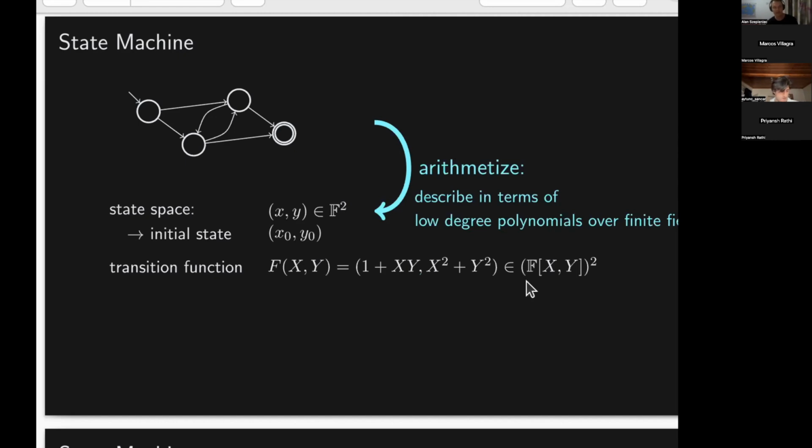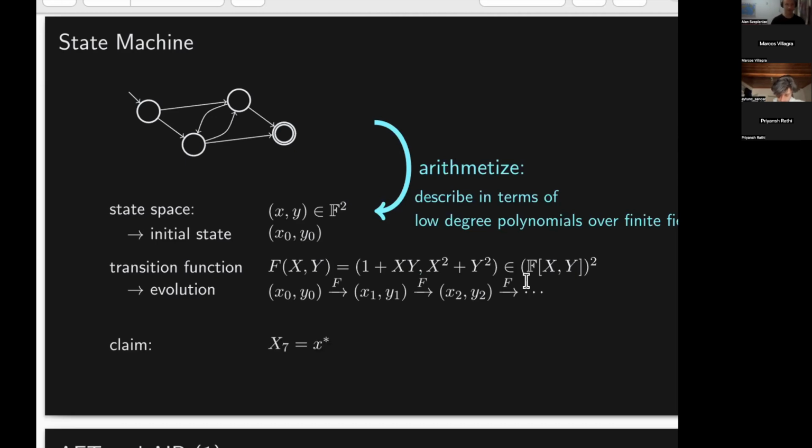And the next step is we have to encode the logic for transitioning from the one state to the next state as some kind of polynomial in multiple variables of low degree. And this can be the transition function. And starting from the initial state, we have a sequence of next states defined by this transition function. This is the evolution of the state.